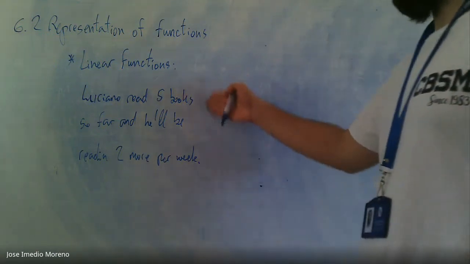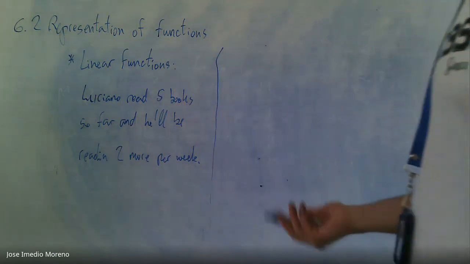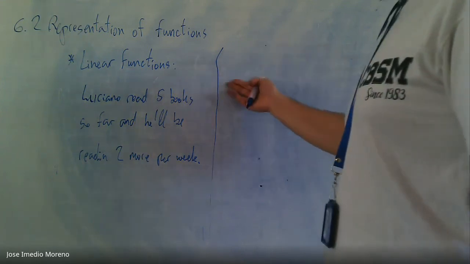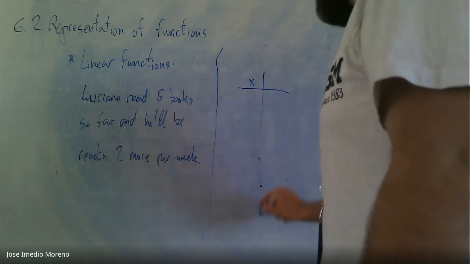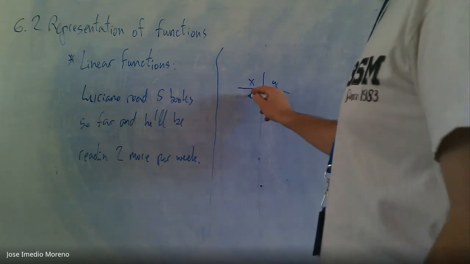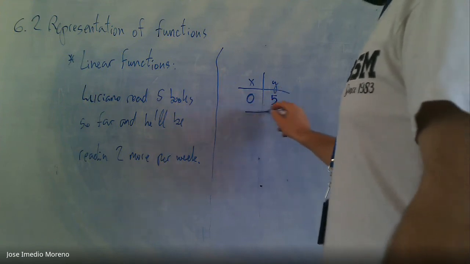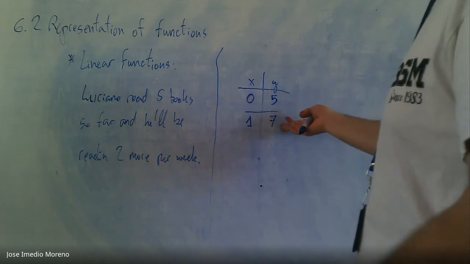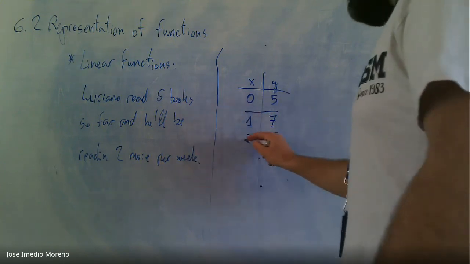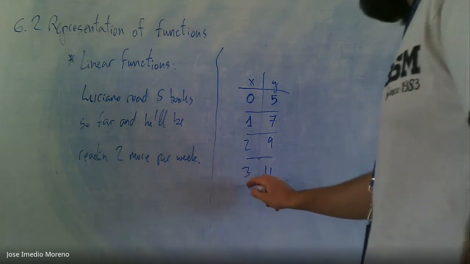Okay, that's a word description. I can express this as a table. On week 0, that's at this moment, he has read 5 books. Then 1 week afterwards, he has read 7 books. 2 weeks afterwards, 9 books. 3 weeks afterwards, 11 books, and so on.